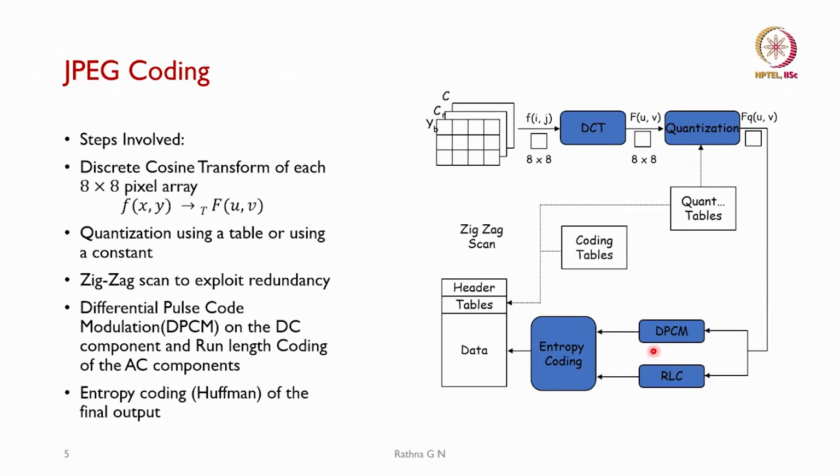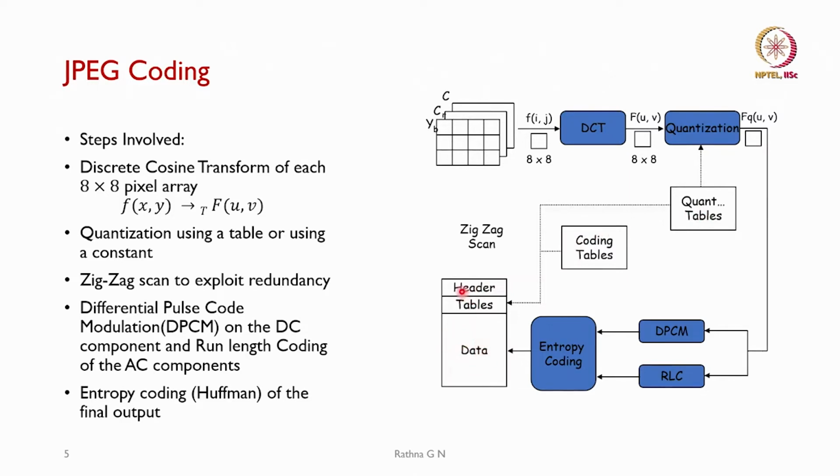You can do run length coding, and then use differential PCM coding to generate the entropy coding part of it, and then it can be stored as data with a header and tables from your quantization tables, indicating what type of quantization you used for this image.